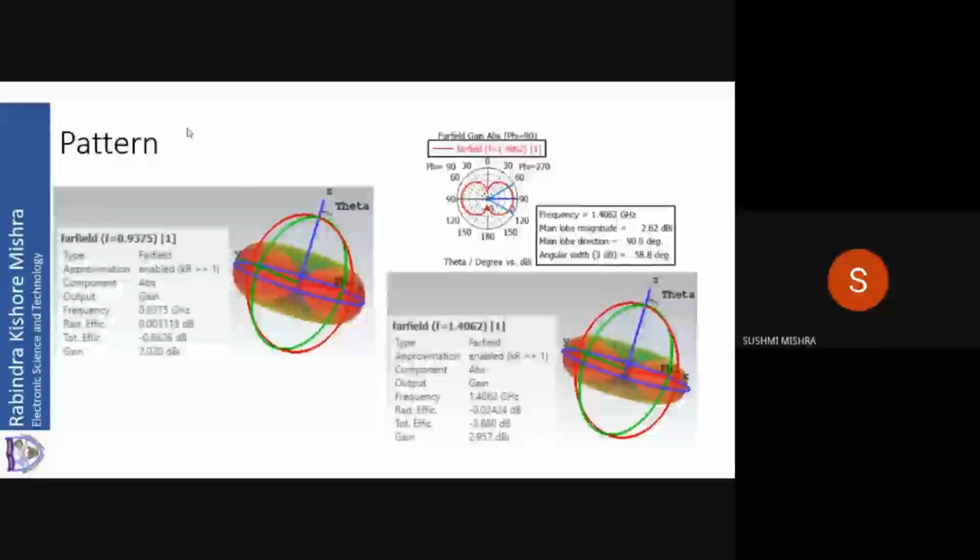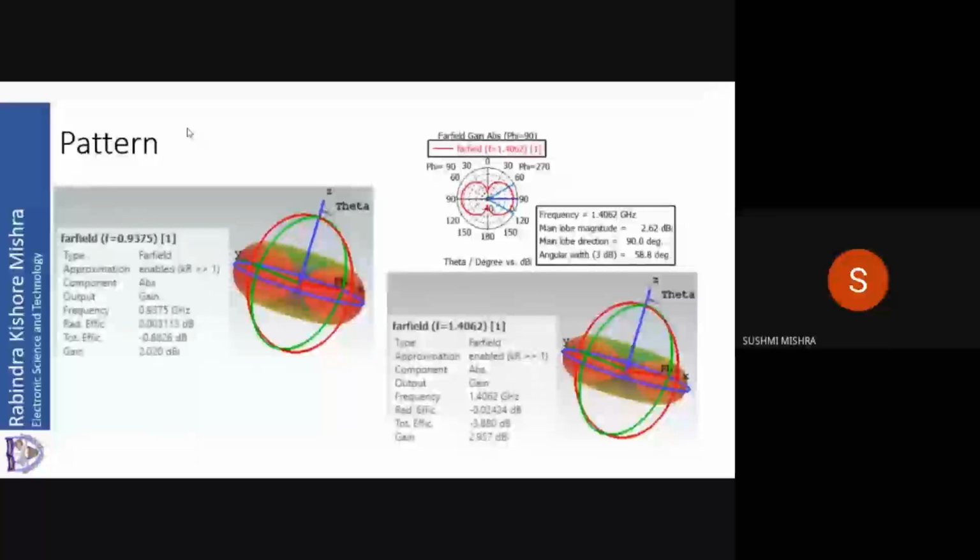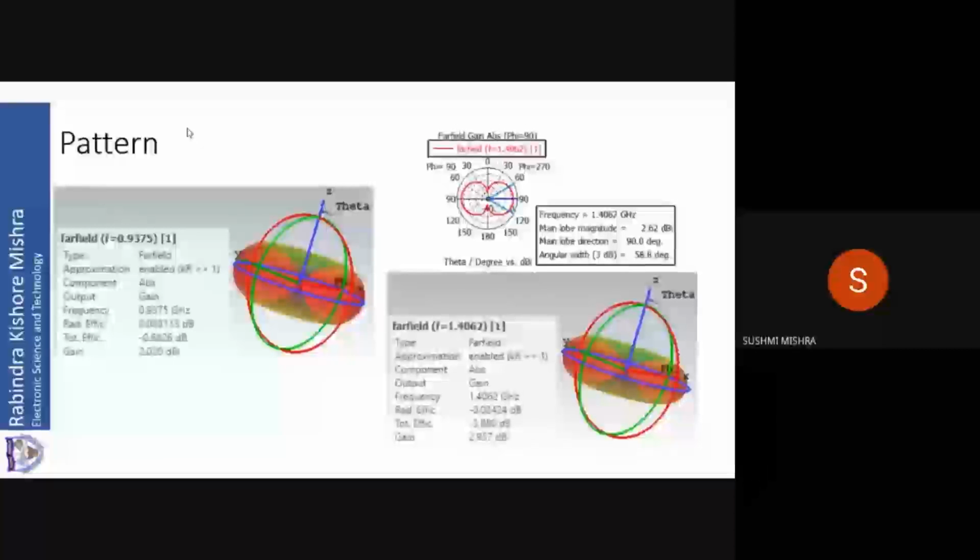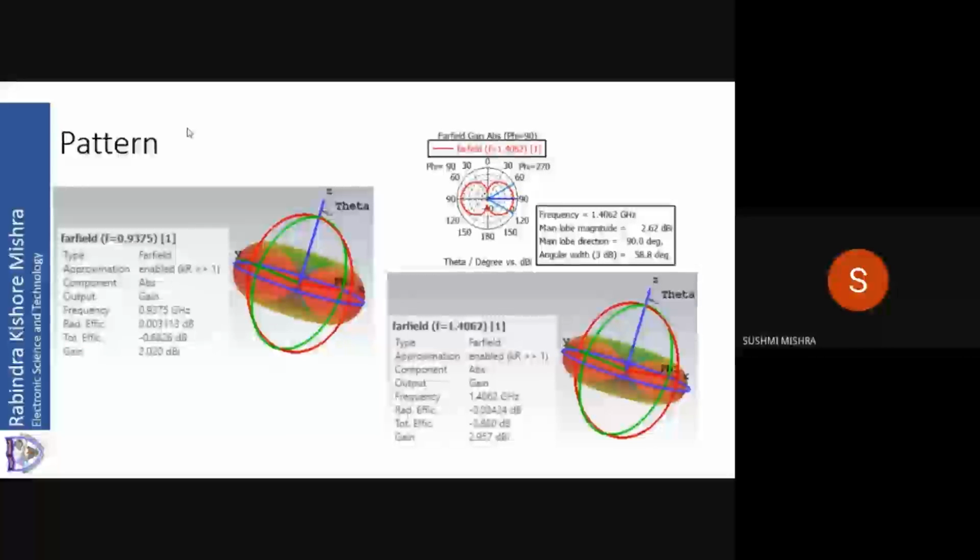0.75 lambda, or 3 by 4 lambda antenna, you see the second pattern, which is at the right hand corner. Its 2D pattern is shown above. The 2D pattern is slightly narrower compared to the 2D pattern of the previous, lambda by 2 antenna. This you can see from the cut in the 3D plane.